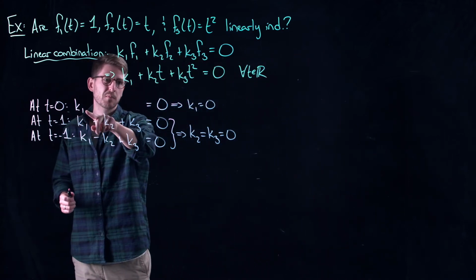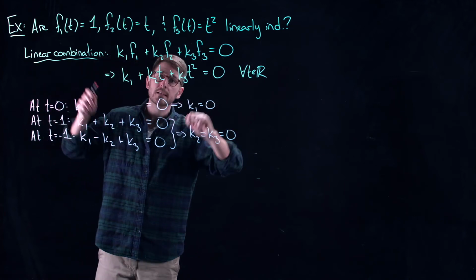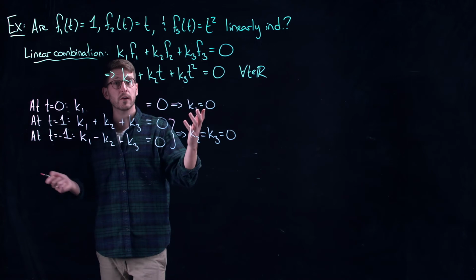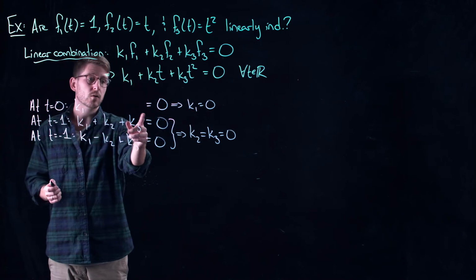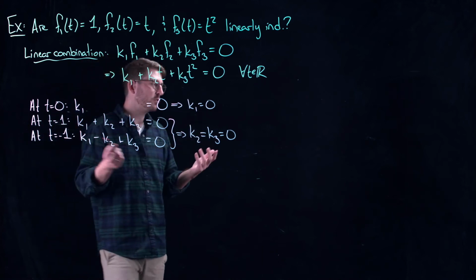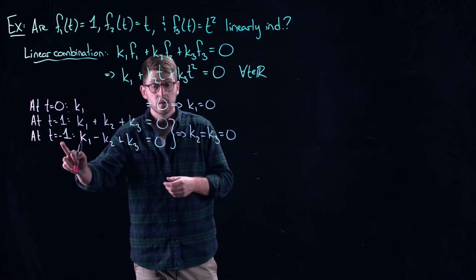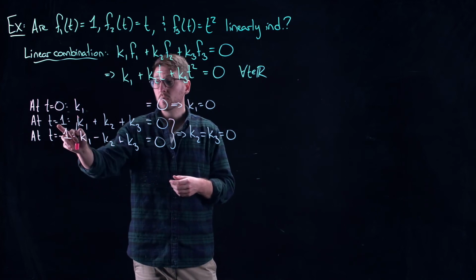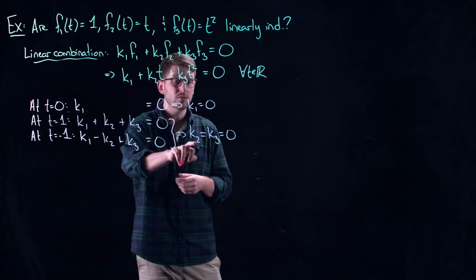That gives me k1 is equal to 0. Whatever, maybe that's the case. Then I said, if it's going to be true for every single t, I'm going to try t equal to 1. Okay, then I get this equation. That's fine, it's an equation. And it also has to be true for t equal to -1.